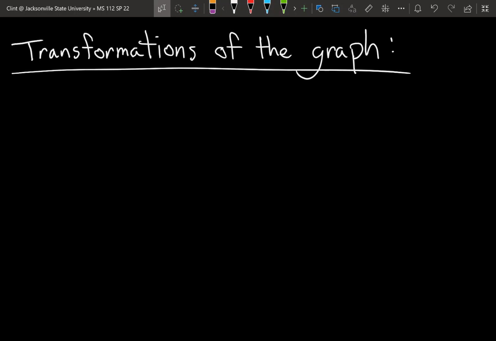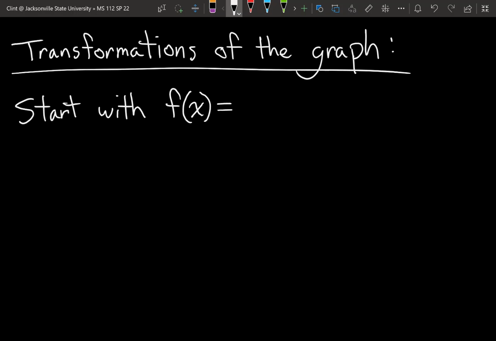So let's start with a generic exponential function.